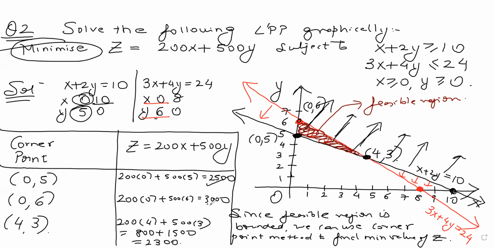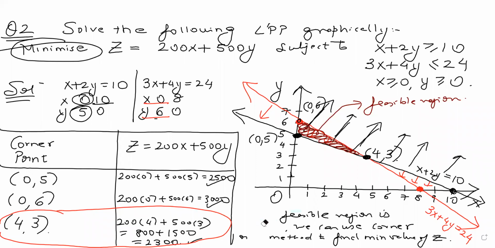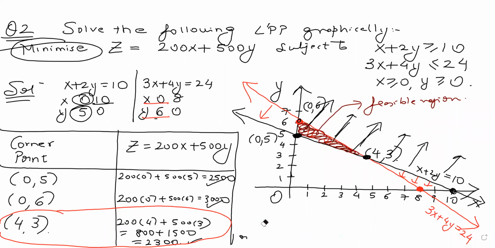Between 2500, 3000 and 2300, you can clearly see your minimum value is this. So I can say the last value is nothing but my minimum value. Therefore z has the minimum value equal to 2300 at the point 4, 3. This is the final answer for this question.